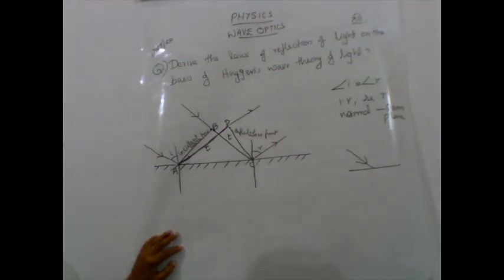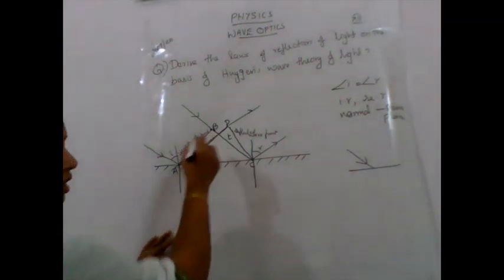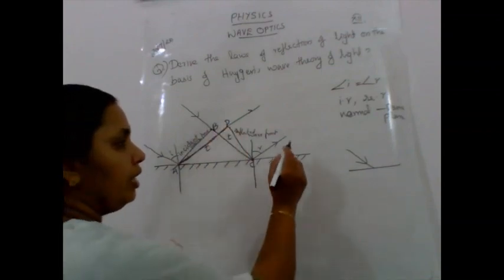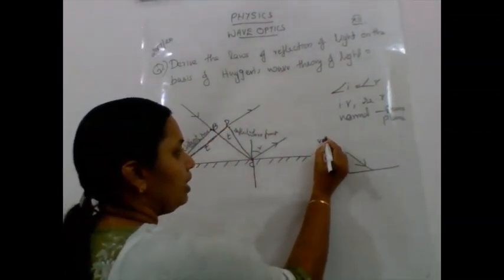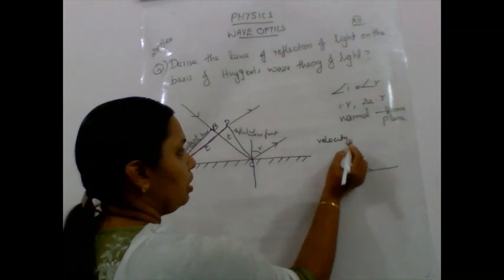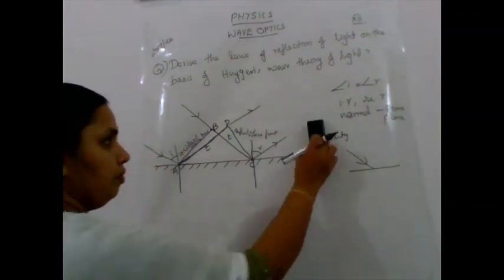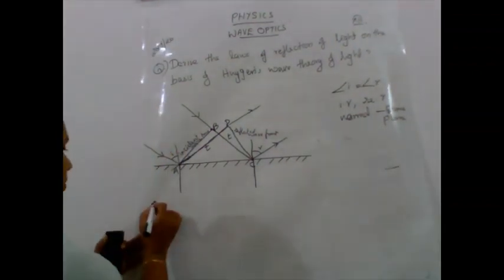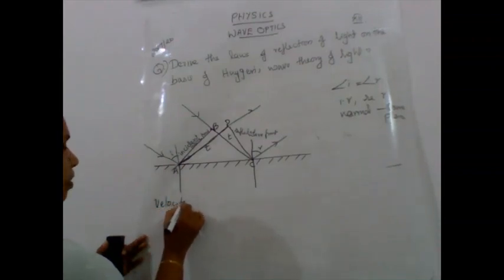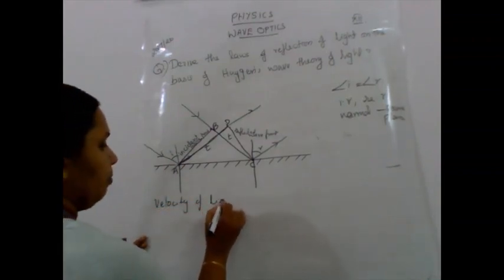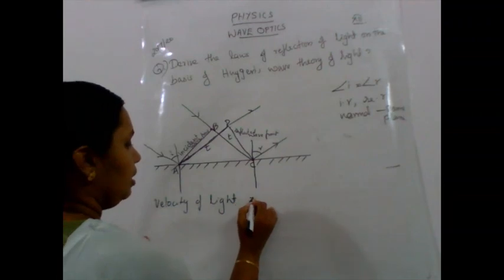Then here in this medium, we can take the velocity of light as V.